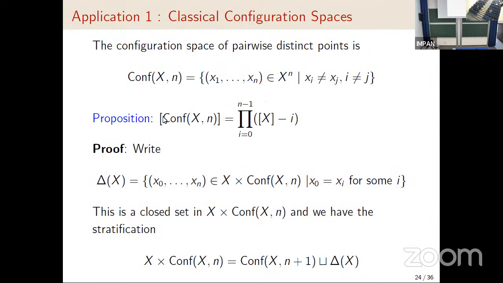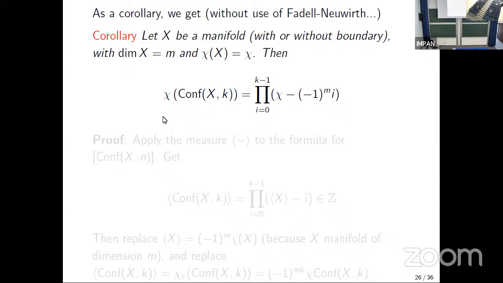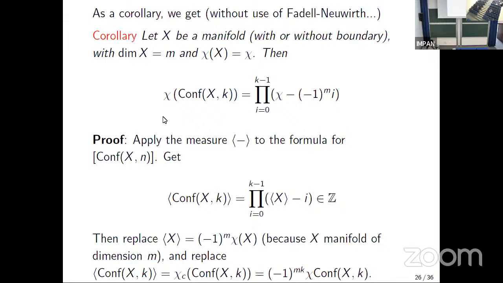But here, beautifully, you'll see it came up with a chromatic polynomial, something very nice. So then if you take the unordered ones, you get that because you divide by n factorial, and you prove that everything works well for bundles and for coverings. Okay, so you get those two classes. You get the other characteristics this way, and that's a proof.